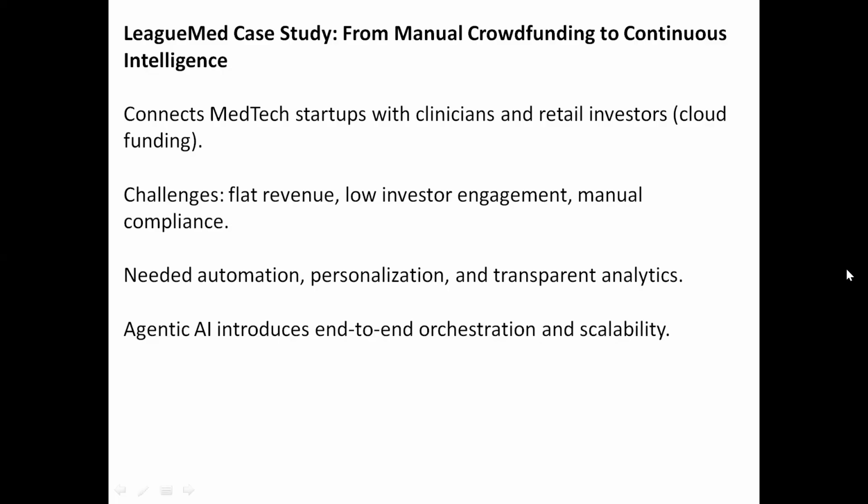Mostly this crowdfunding is small money investment, like from $1,000 to $5,000, so it's usually less regulated.